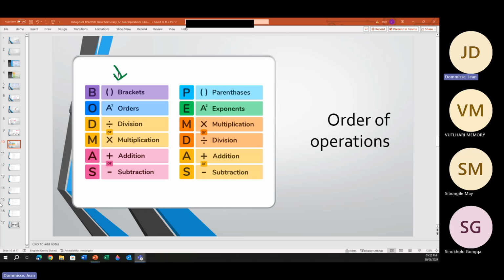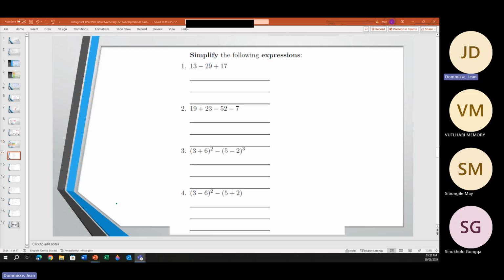Okay, so let's go into some practice. The first one I put together, I said let's just start with numbers first. In your assignments, I think they did give you numbers first to simplify, then there were variables involved as well.